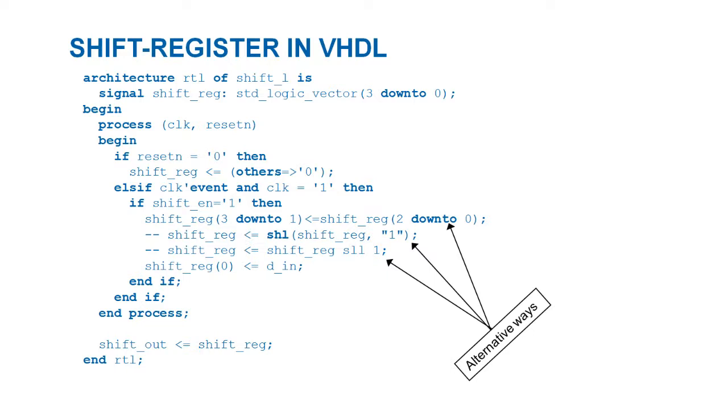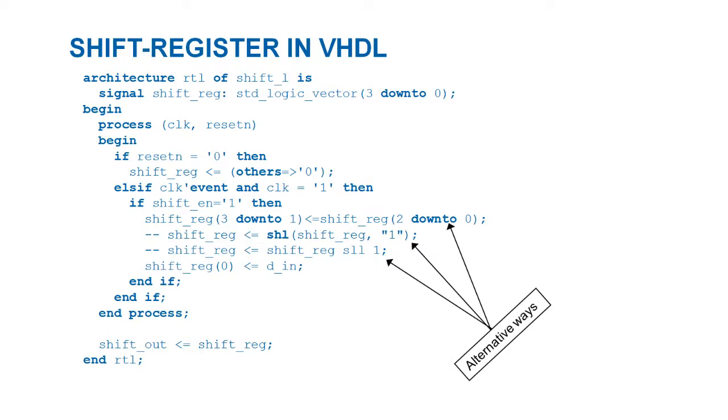Then I need to update the least bit. To do that, I jump to the last statement before the if, in which I say the least significant bit, bracket 0, of shift_reg is updated given the input value d_in.